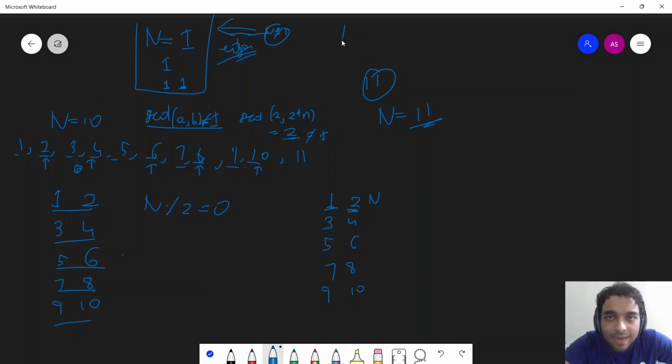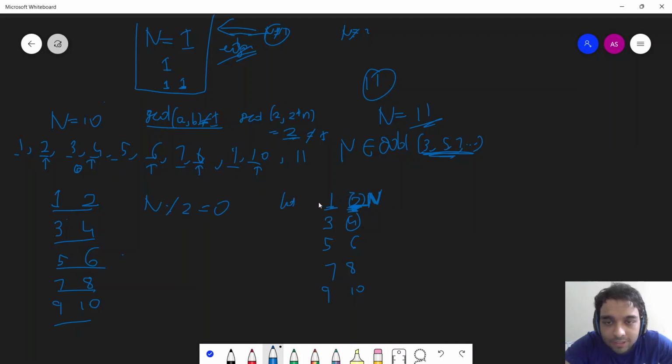I know that my n is not even because all my even numbers are included here. So that means that n is an odd number lying in 3, 5, 7 and so on, and any of these numbers is always co-prime with 2. So we can always put n in this particular domain on the first day.